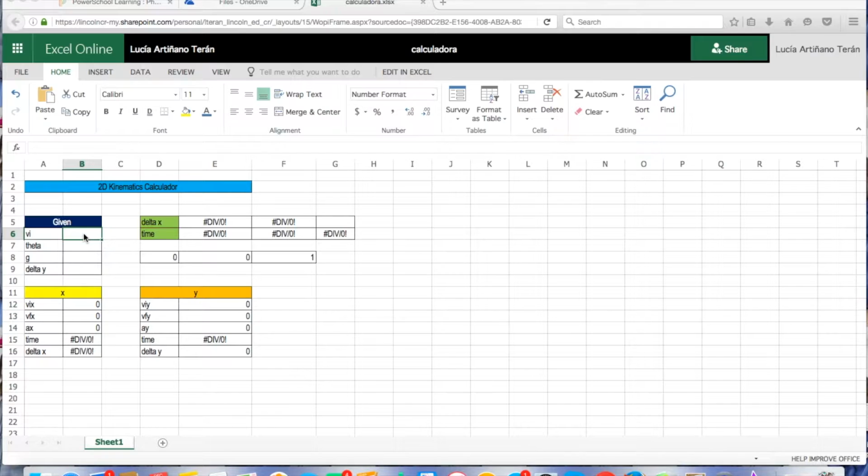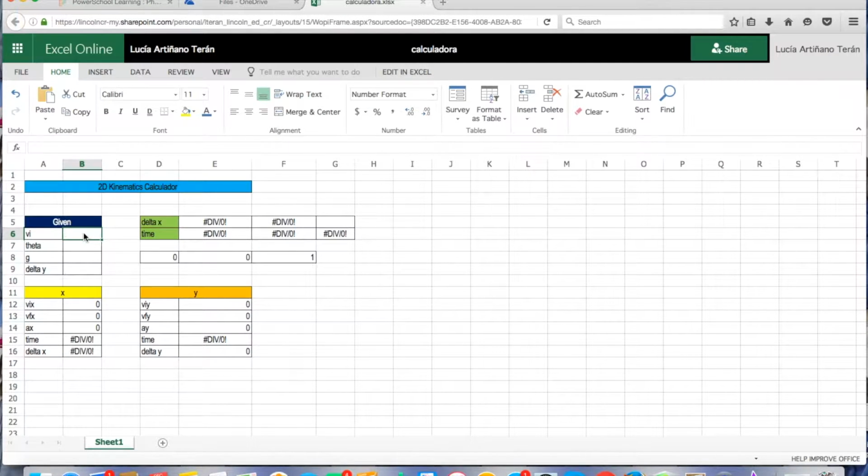In order to solve this problem, we're going to first use the equation displacement of y equals initial velocity of y times time plus 1/2 acceleration of y times time squared. When we plug the variables in, we have an initial velocity of 25, theta equal to 67, and finally the displacement of y, which is -10.